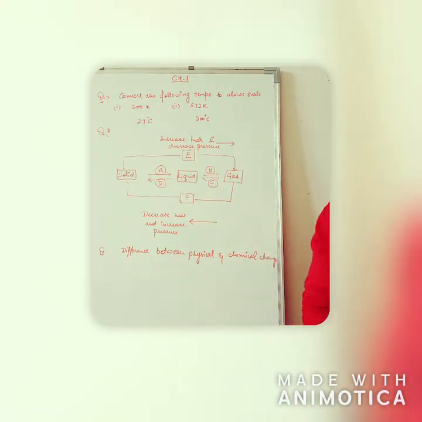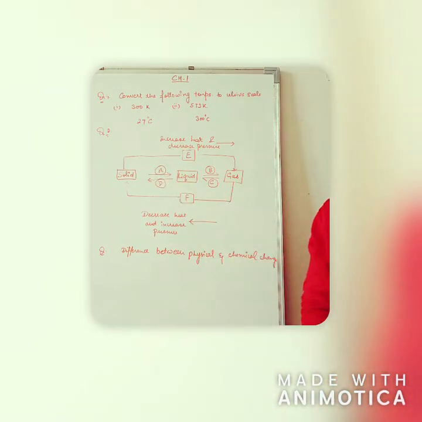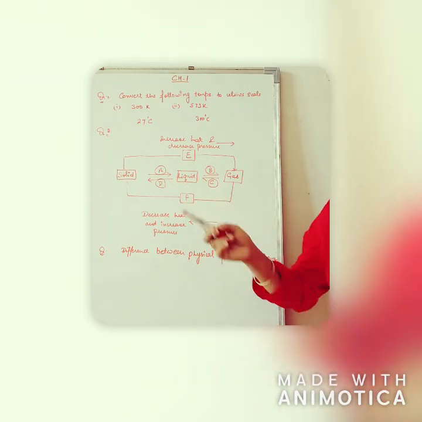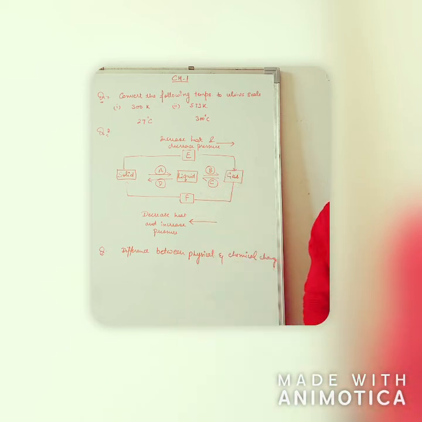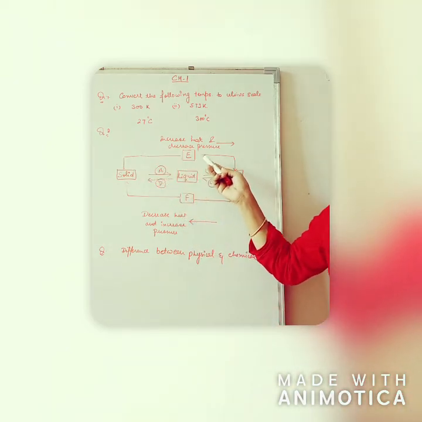See the next, D part. Liquids are changing into solid. Here solidification is happening, that means cooling is happening, and we call it freezing, by reducing the temperature. Now go forward for the next.